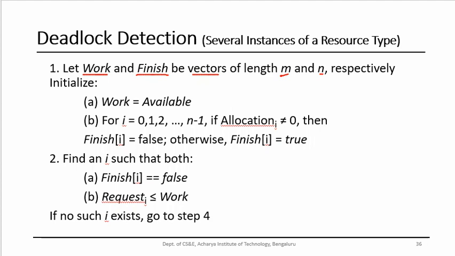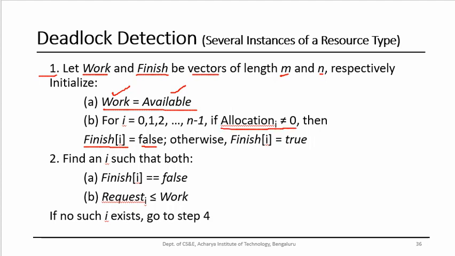So initially, in step 1, we equate Available, which is a vector, to Work, which is also a vector of length m, and then we make Finish[i] false if Allocation[i] is not equal to 0.